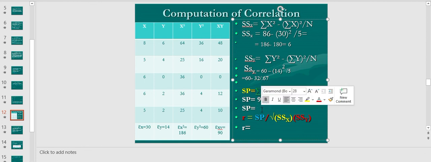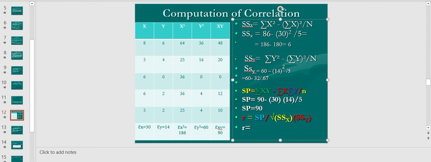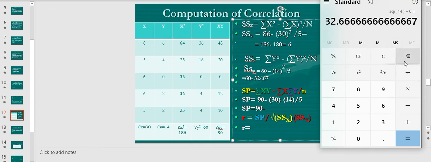Okay, 90 minus 30 into 14, which is 420, and divided by 5 equal to 84.